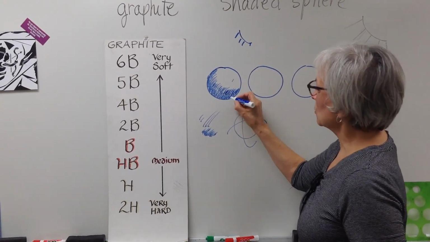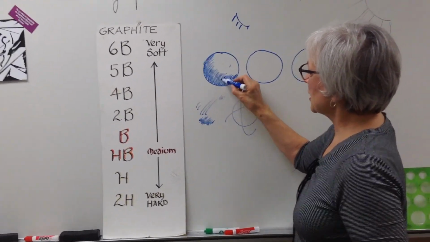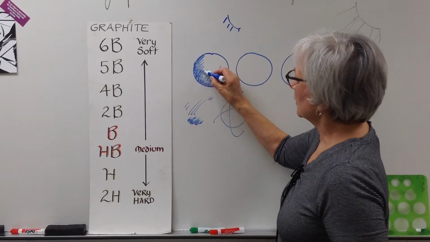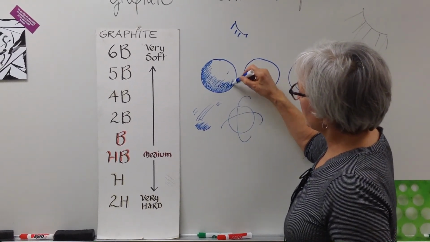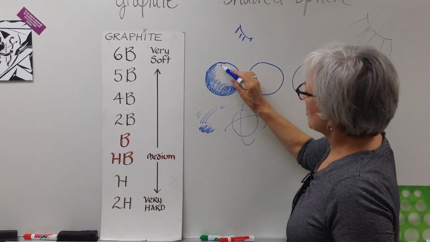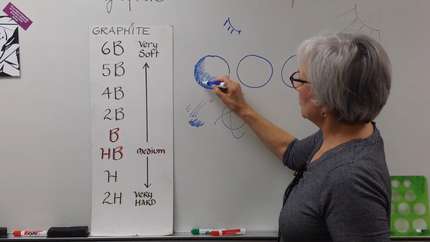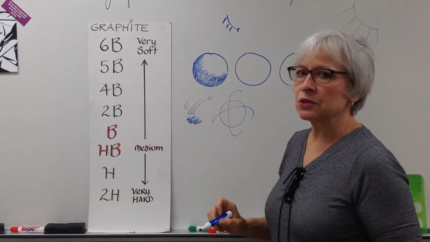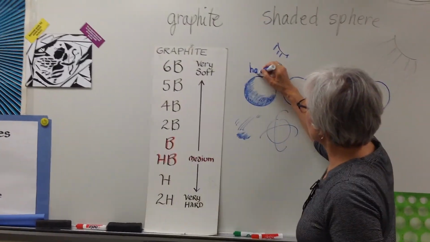If I go very close, I get much harder lines. So I want to have loose hatching lines, so I'm going to come back a little bit more and continue to go up the side. I want this part to be my highlight, my middle value, my shadow. And with a pencil you can create that much better. So this is called hatching.